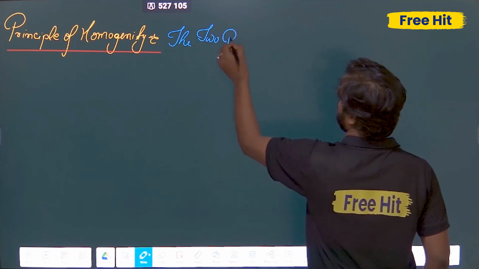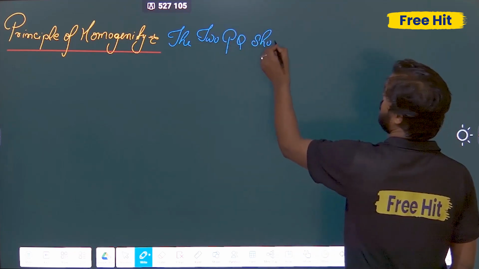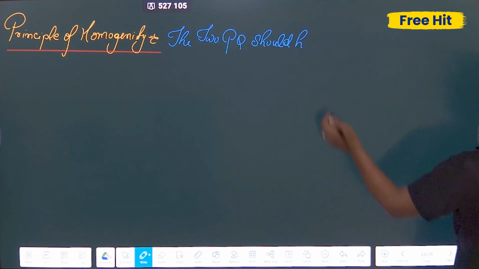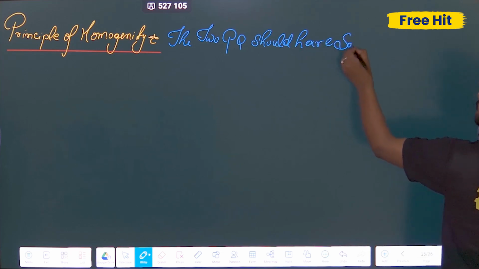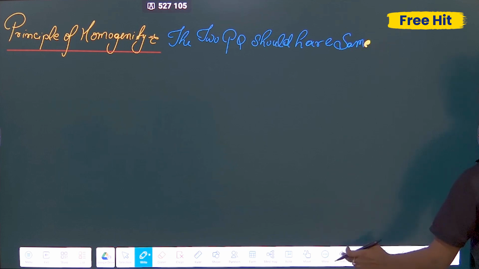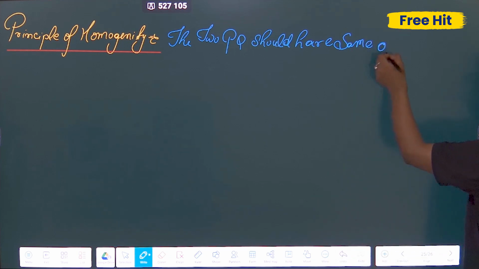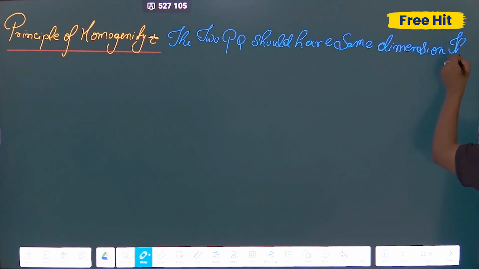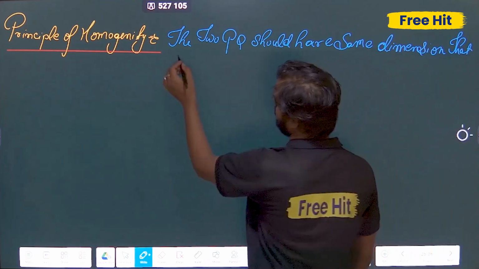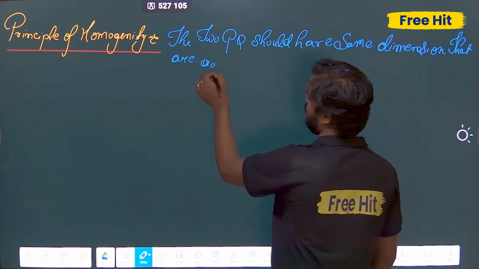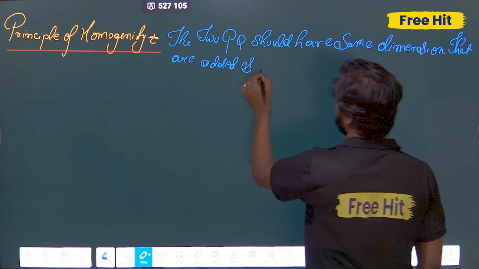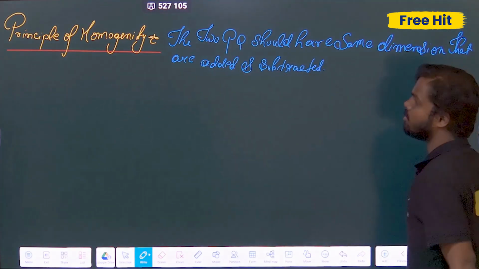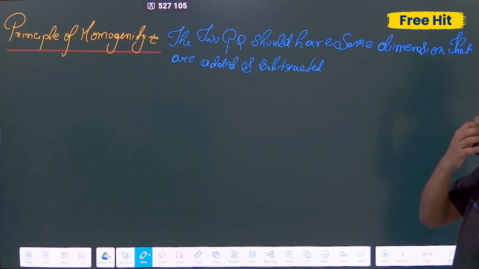The two physical quantities should have the same dimension to be added and subtracted. So that is called the principle of homogeneity.